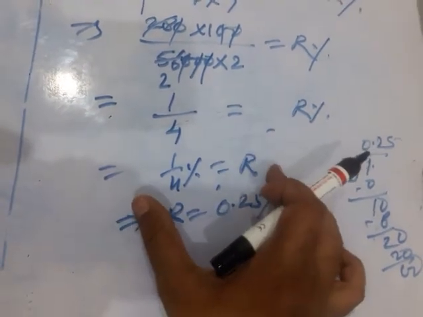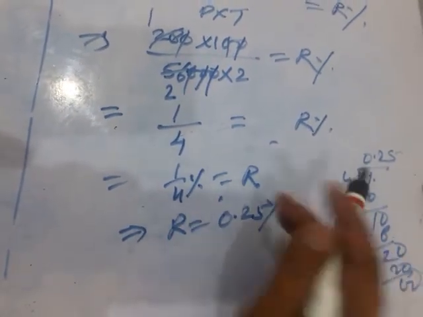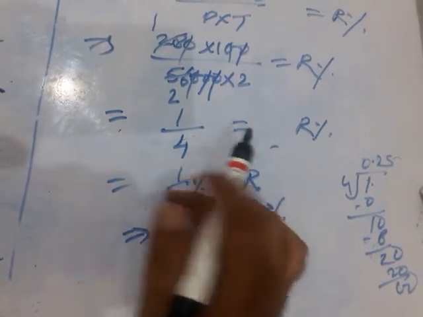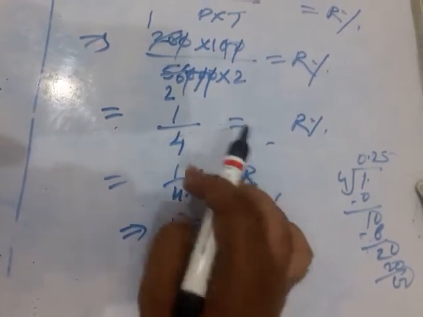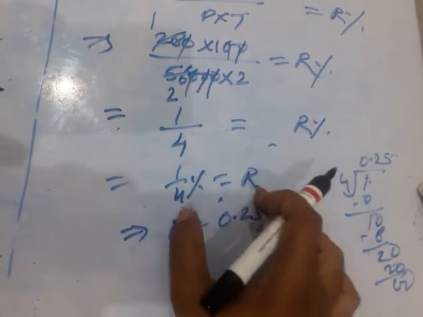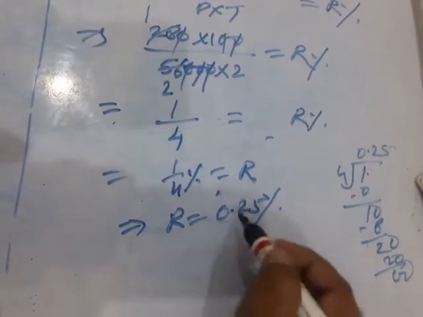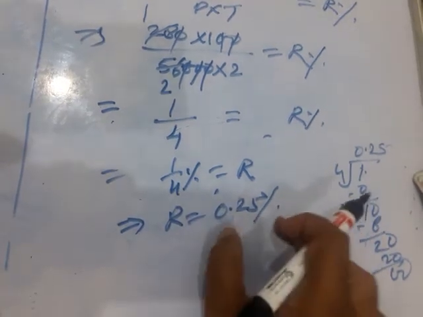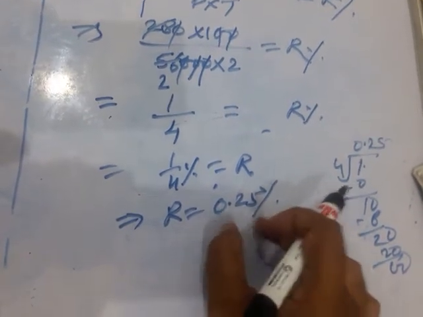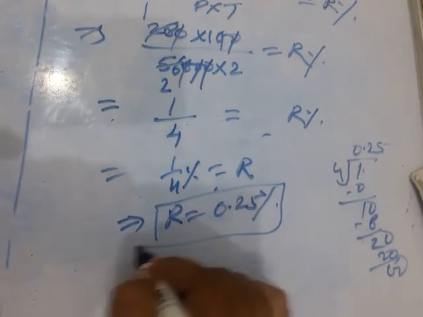Here we have to be very careful, children. 1 upon 4 is a fraction, and this has to be converted into decimal. Even if you write 1 upon 4 percent, the answer is correct. So R equals 0.25 percent. Is there any doubt, children?